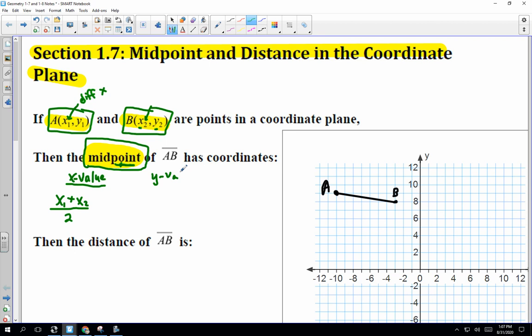The y value for your point is going to be the average of the y's. It's going to be y1 plus y2 divided by 2. So all together, your answer is always going to be a point.